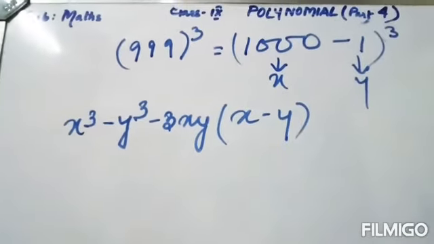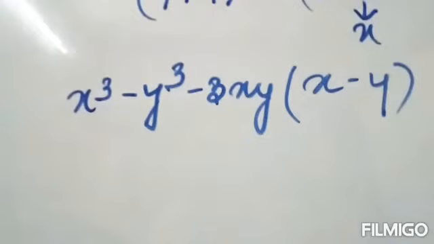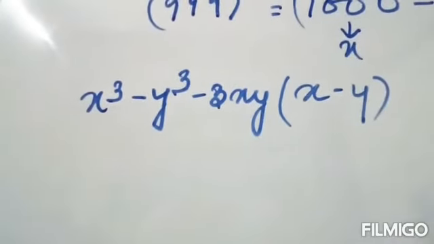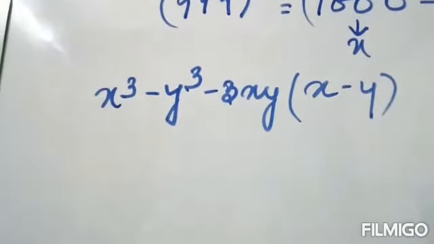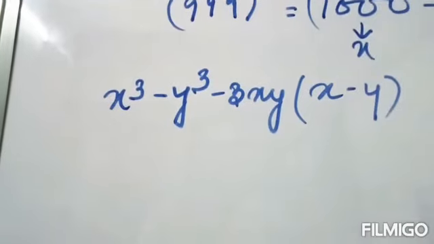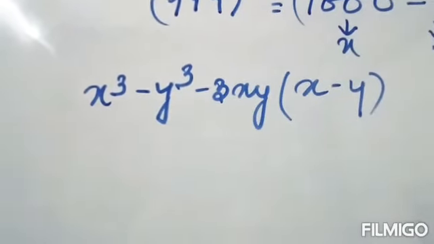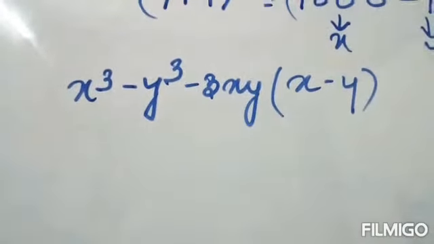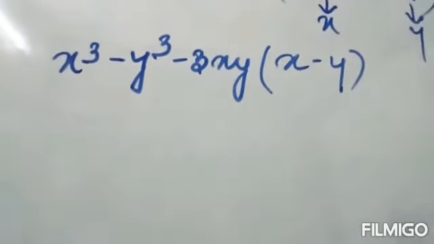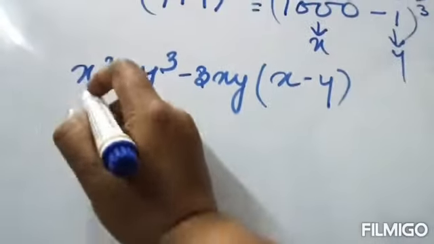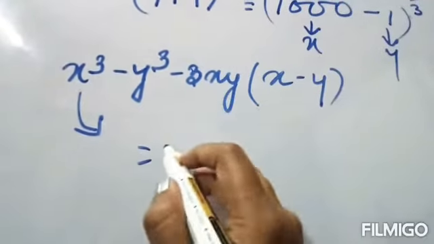Why have I written minus? Because negative of the square of any negative number is always positive, but the cube of any negative number is not positive, correct.